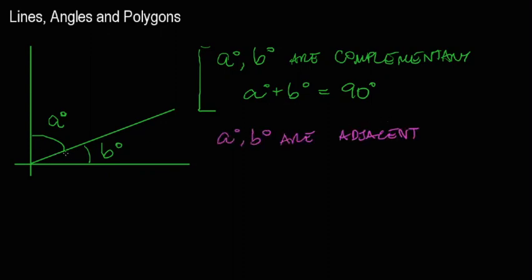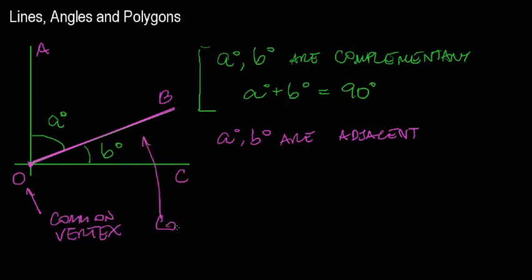And even though I haven't labeled those points here, for example, this could be called the origin, this could be point A, B, and C. So what is the vertex that they share? It's this point here, the origin. And what is the arm that they share? Well, OB here. So we have a common vertex and also a common arm. So that seems easy enough.